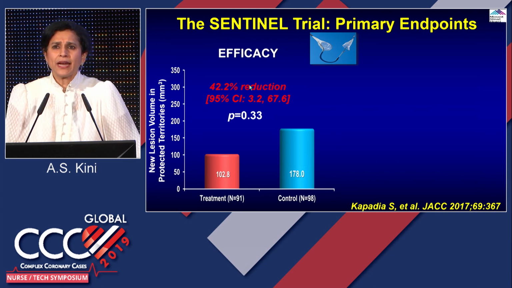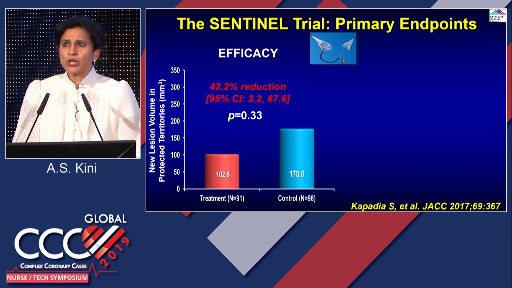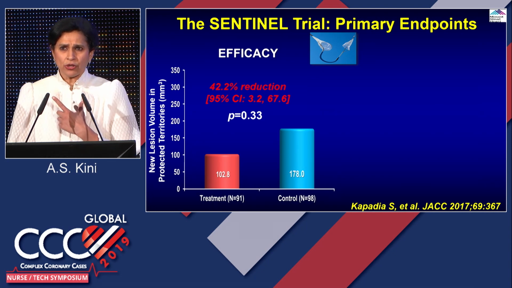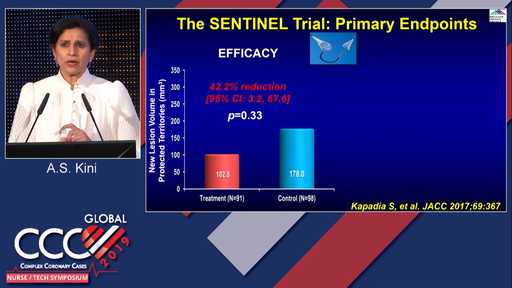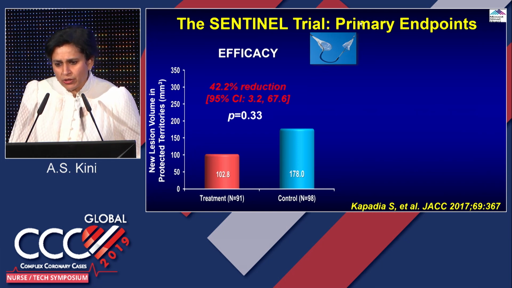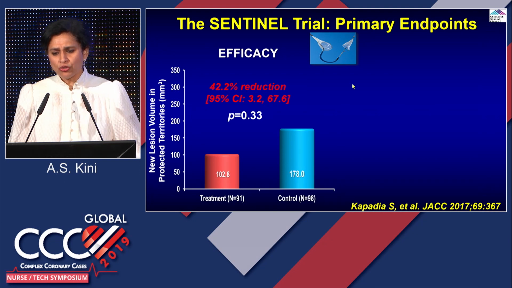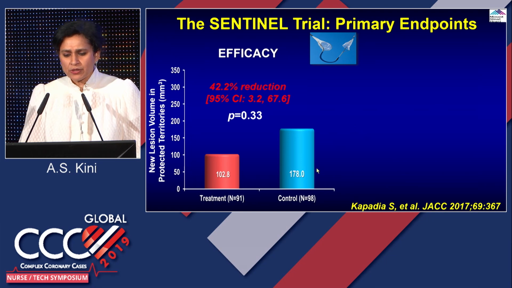That is when they decided, is there something we can do to prevent the stroke? And this was the Sentinel protection device. You go from the right radial artery, and you get into the right carotid first. Then you rotate the device in such a way that you get into the left carotid artery. Though it looks very complex, it is a nice device, and usually does not take more than 2 minutes to get in and place this device.